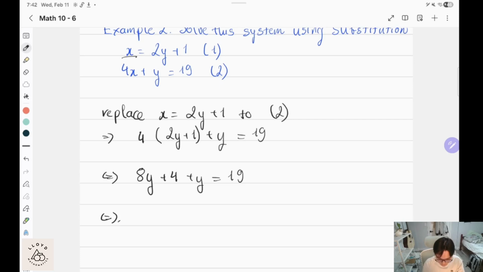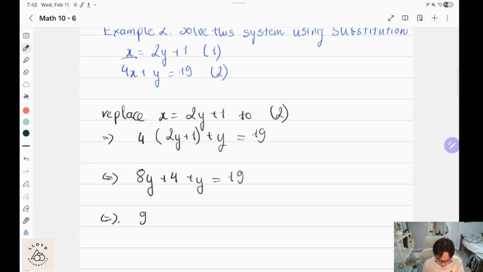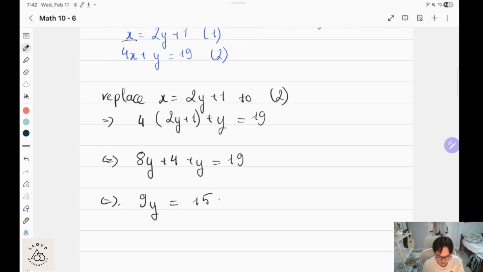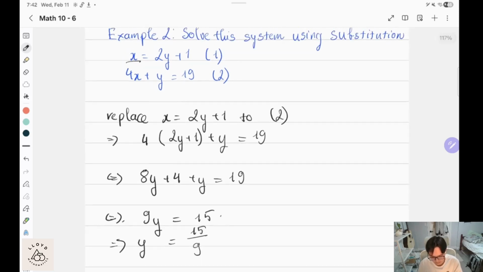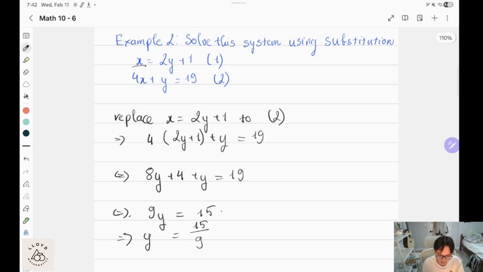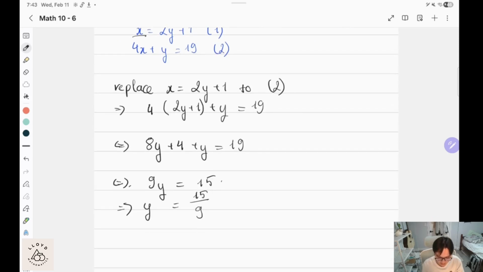So in this one, we get 9y equal to 19 minus 4, which is 15. So y here is 15 over 9. As we have y, we need to put it into the first or second equation to calculate x.